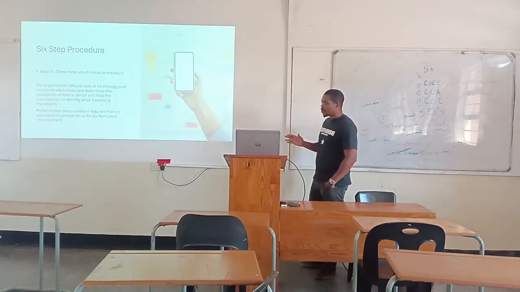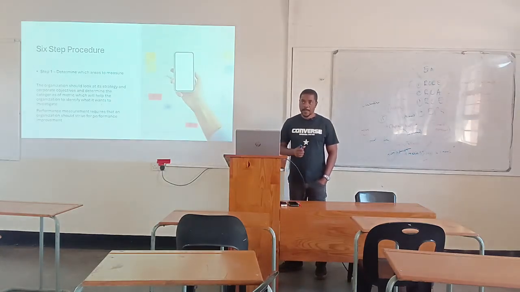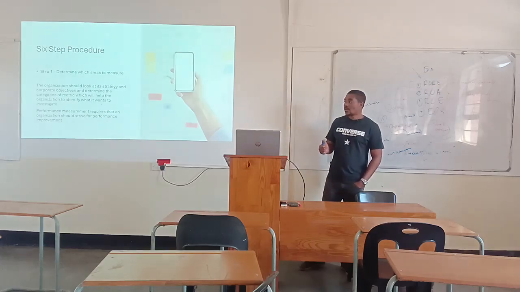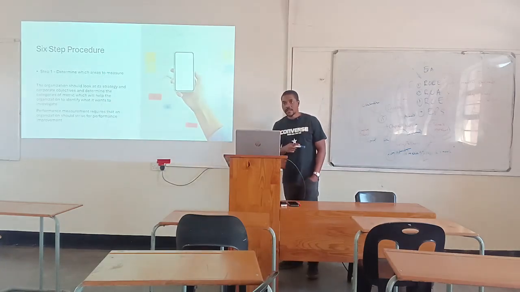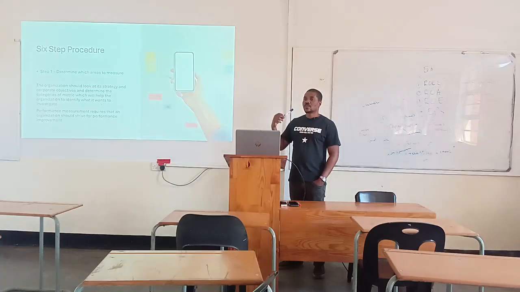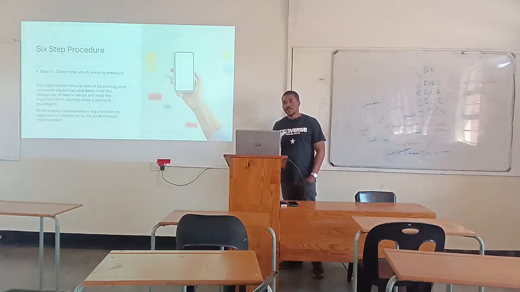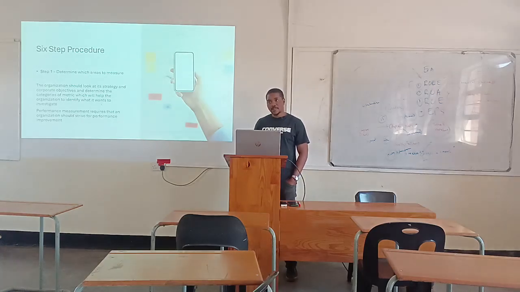So there will be what is called actual against KPI, or actual against set standard. So you set the standard or set the KPI or the target, and then you compare. That process is what is important. That process is what is going to show you the variance, either a positive variance or a negative variance.